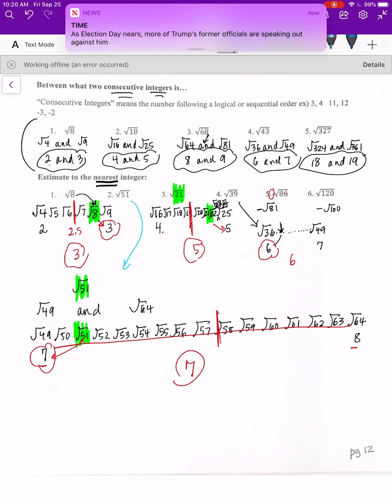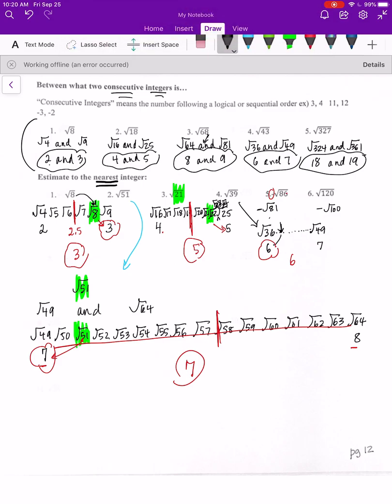So I just throw on a negative sign. Everything else stays the same. So that'd be -9 and -10, and you have 86. So if you're counting 81, 82, 83, 84, 85, 86, and I have to go all the way to 100, I know it's going to be closer to here. So my answer would be -9. And you just have to throw a negative sign in there.